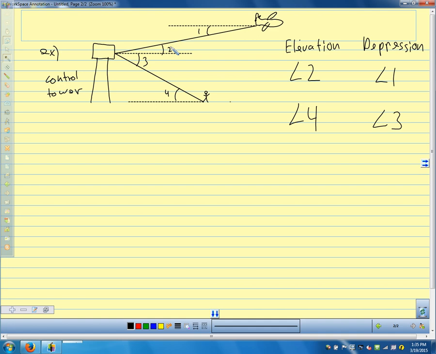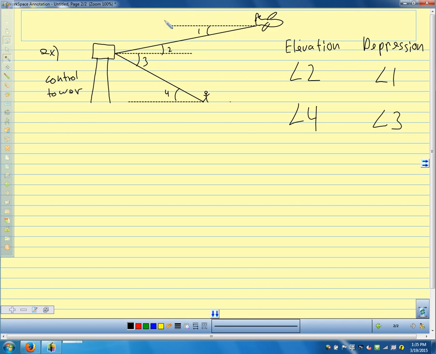The angle of elevation from the control tower to the plane. That might be how you would see that one described. The angle of elevation from the control tower to the plane is 32 degrees. That would be talking about angle 2. How about angle 4? How would we describe that one? Angle of elevation from a person on the ground to the control tower. That could be how we would see it described.